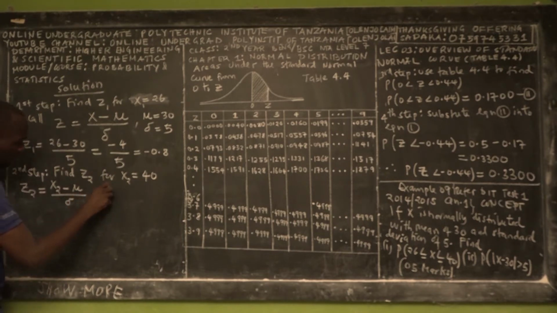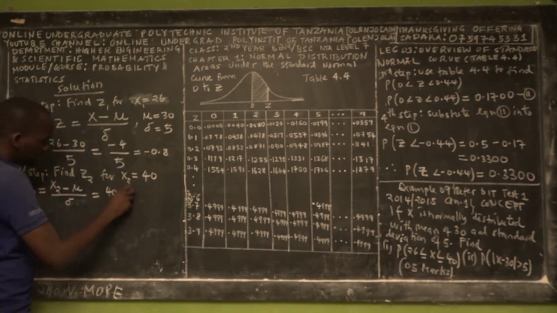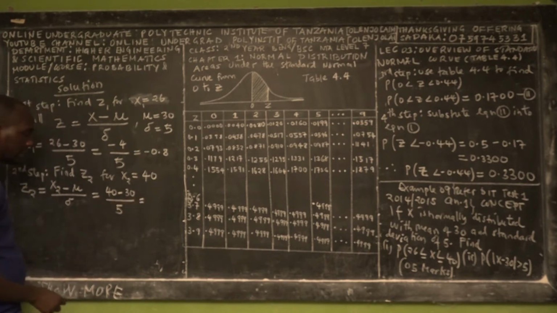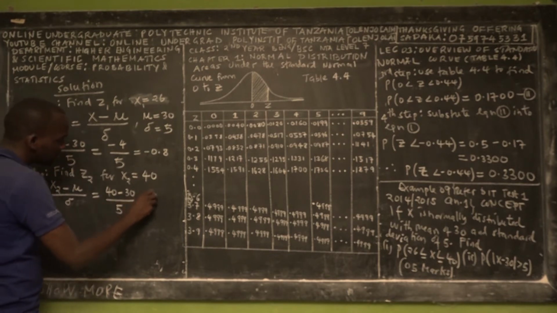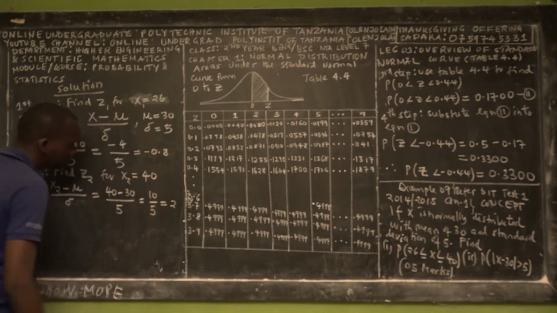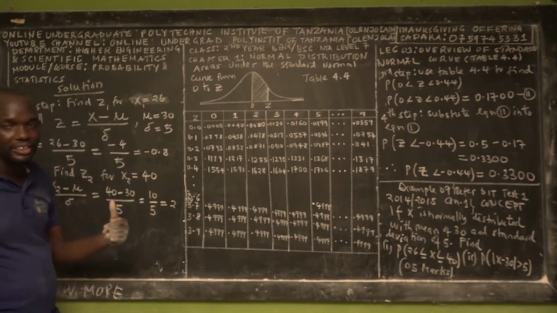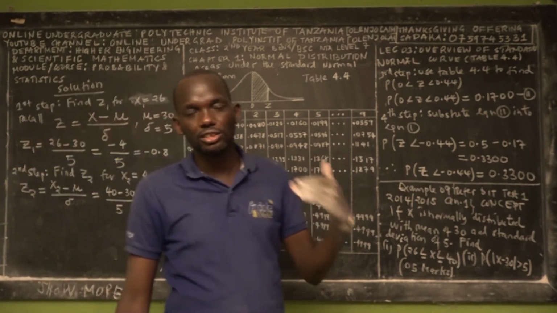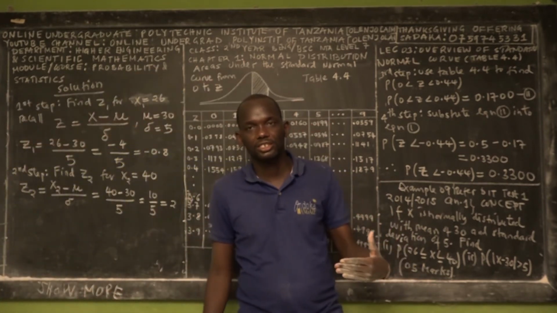So x2 is 40 minus the mean, which is 30, over the standard deviation, which is 5. So 40 minus 30 is 10 over 5. The response is equal to 2.